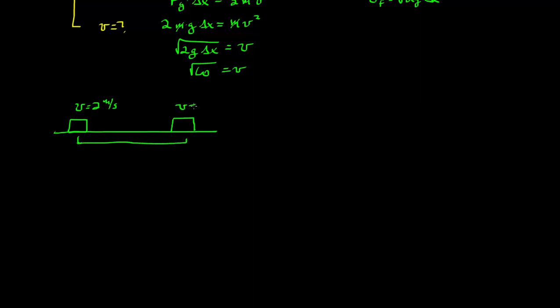Let's say it has a velocity of 5 meters per second. How much work was done? Okay, so work again is change in kinetic energy. So we would get the kinetic energy final minus kinetic energy initial.